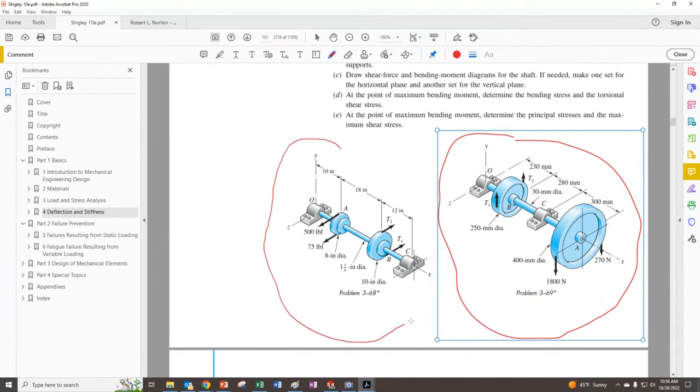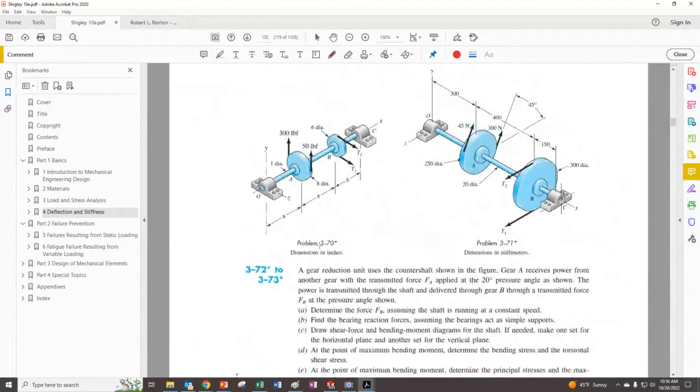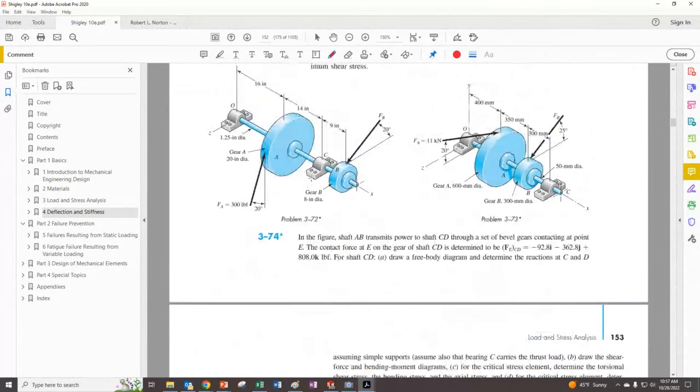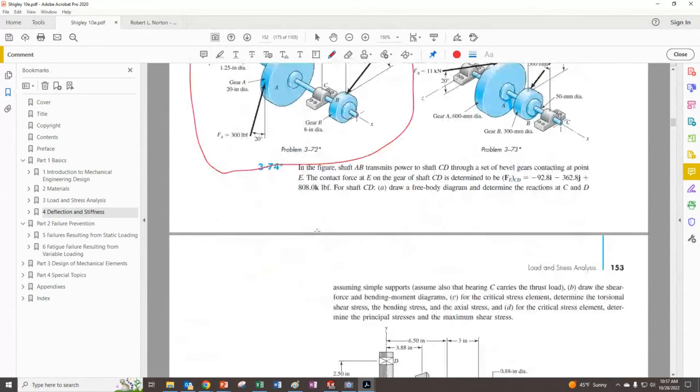It might look like a 3D shaft, but it's only a 2D shaft. This is a 3D shaft right there, and this is a 3D shaft, because it's going in two different planes. Generally speaking, variations like that are a little too involved, too long to take while doing an exam, although I have seen professors who have assigned these for exams.